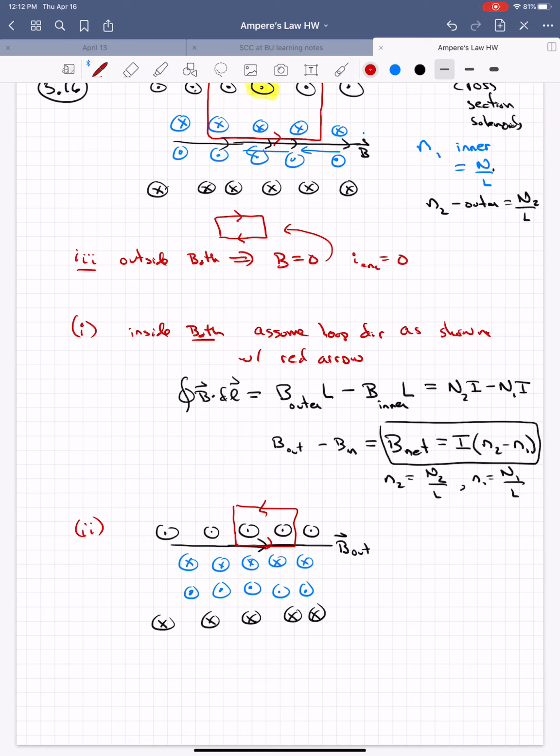And then the leg that's running with the B field is between the bigger solenoid and the smaller solenoid. So it's only going to count up the B field due to the bigger solenoid at the place where I want to do it.